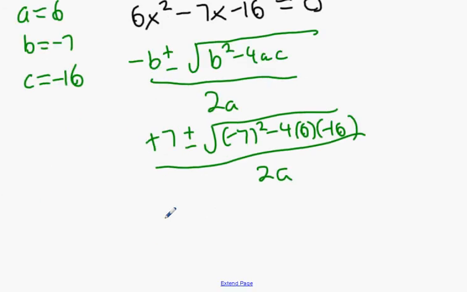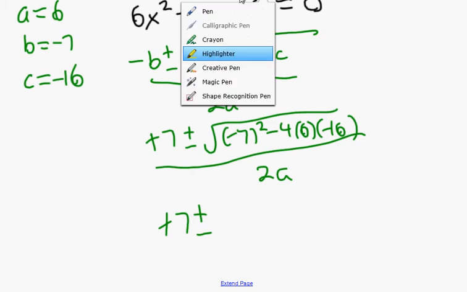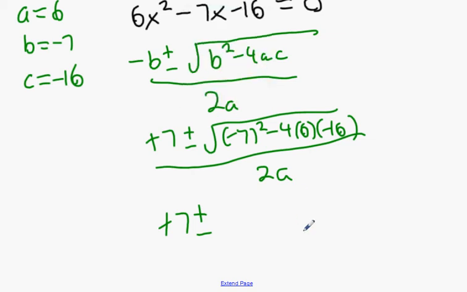Now plus 7 plus or minus, I'm going to put all of this into the calculator. Trust the calculator. So what we get there is plus or minus root 433.